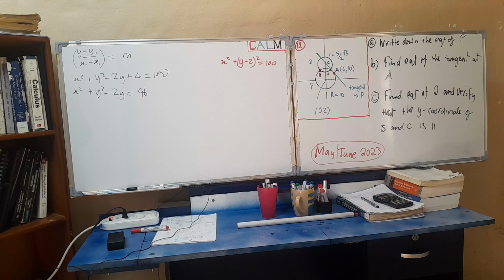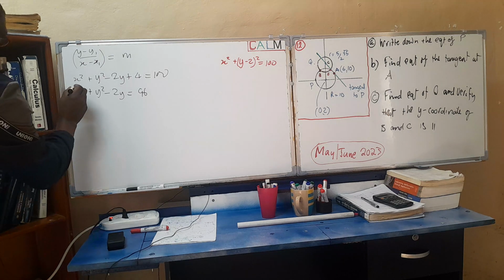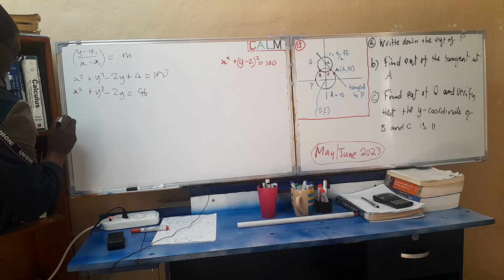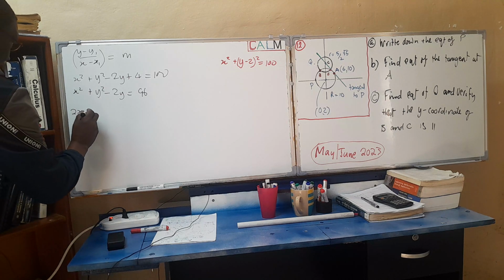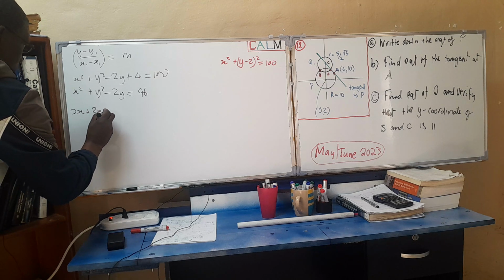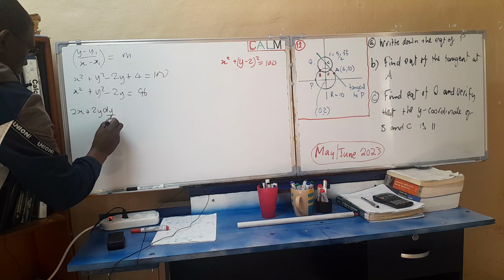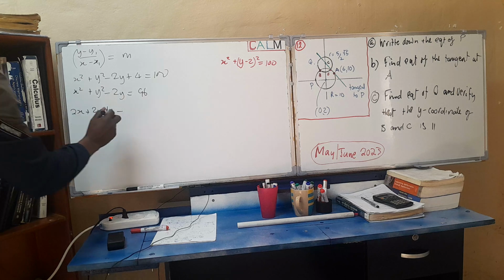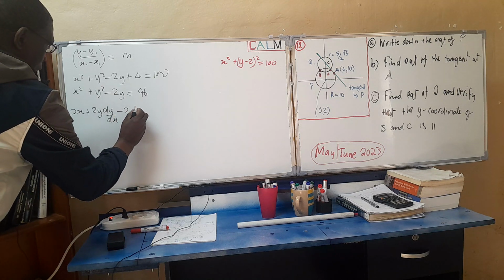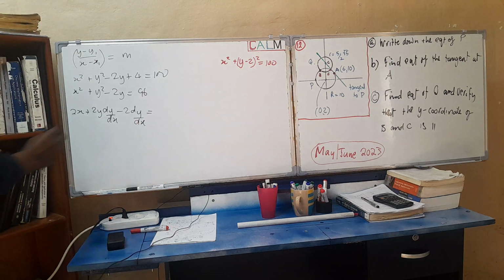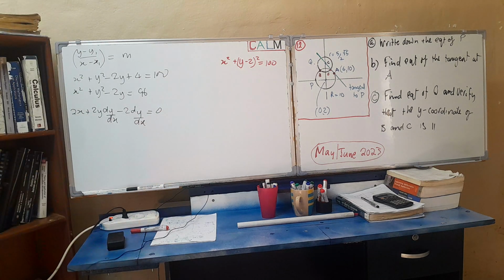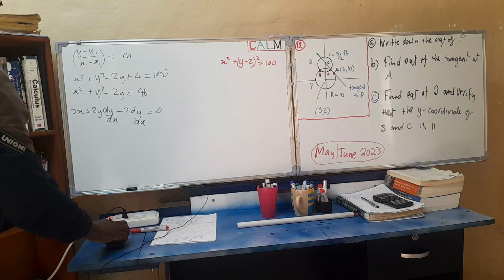This is implicit differentiation. Differentiating that, we get our 2x. Differentiating this, we get our 2y dy/dx. Differentiating this, we get our 2 dy/dx. Differentiating 96, we get 0 because 96 is a constant. Here it's supposed to be 4, isn't it?